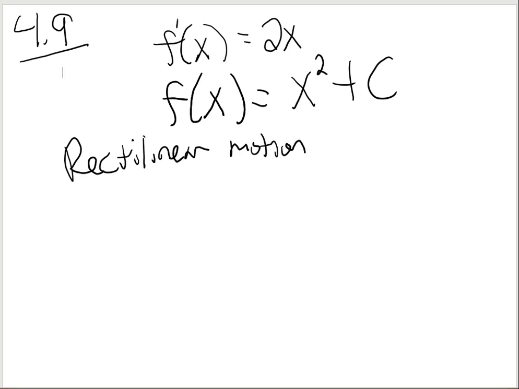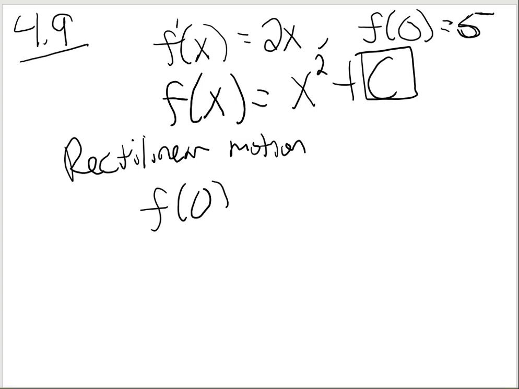is they'll say, let's have these two conditions where I'm not only given the function, but I'm given, say, f of 0 equals 5. Then what I could do is I can actually find what is that c value. So it's f of 0, which is 5, is 0 squared plus c. That is, c is 5.